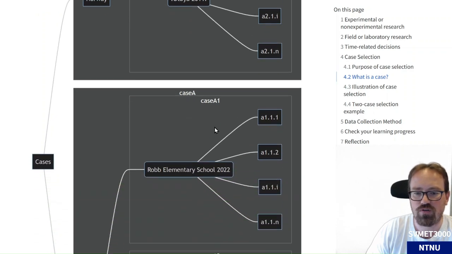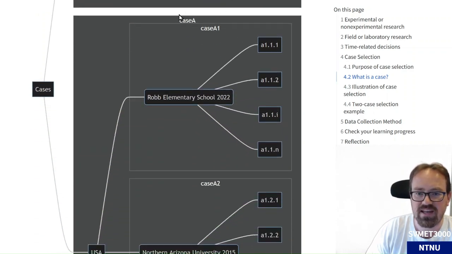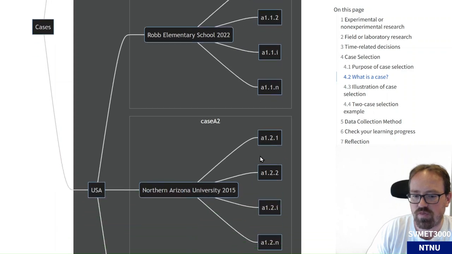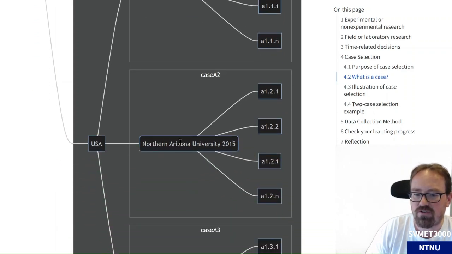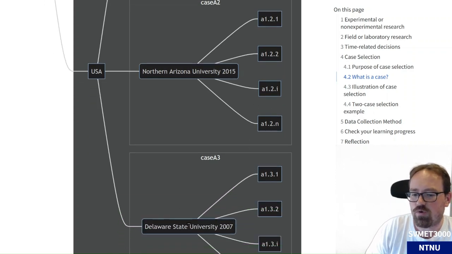But for the US, we have plenty of cases to pick from. Case A would be the US, and case A1 could, for instance, be the Robb Elementary School shooting 2022. We have news reports about that. Northern Arizona University 2015, and Delaware State University 2007.